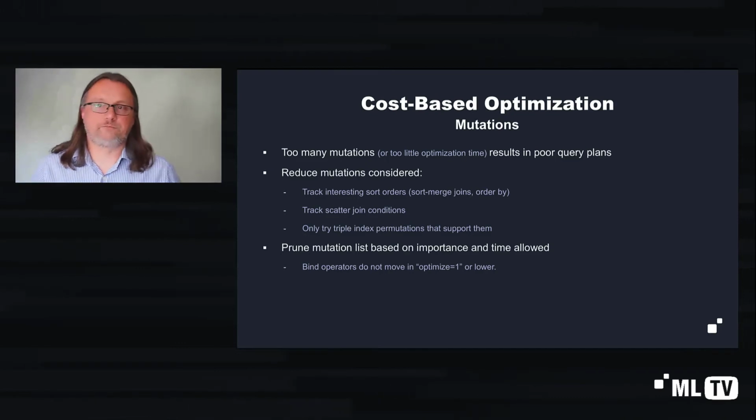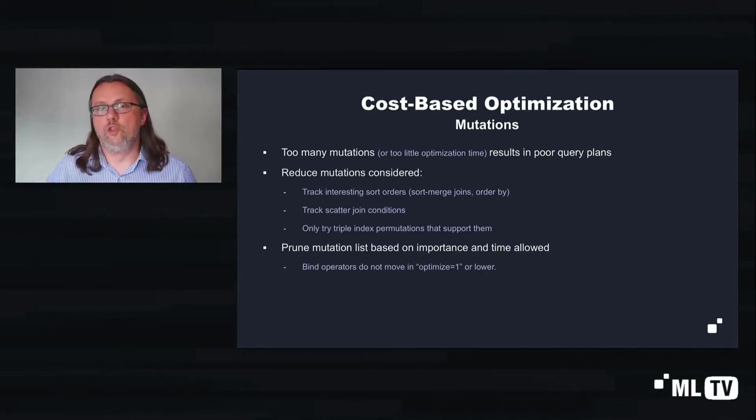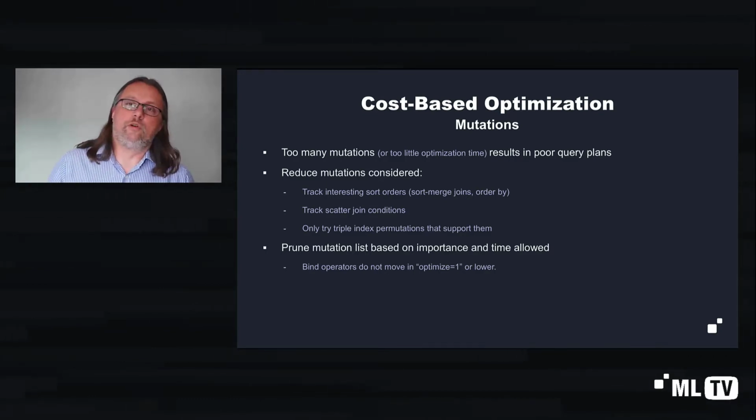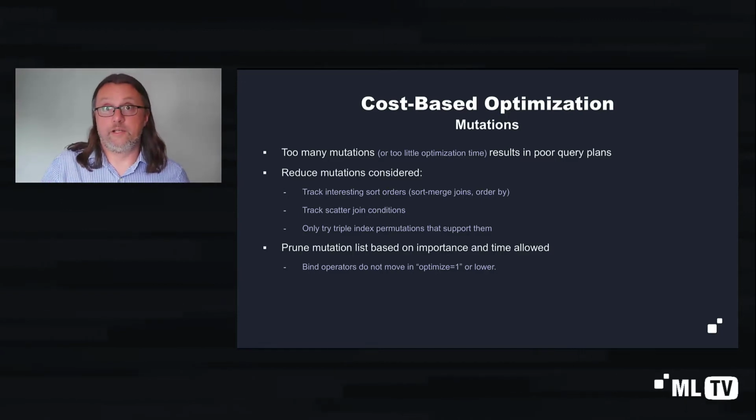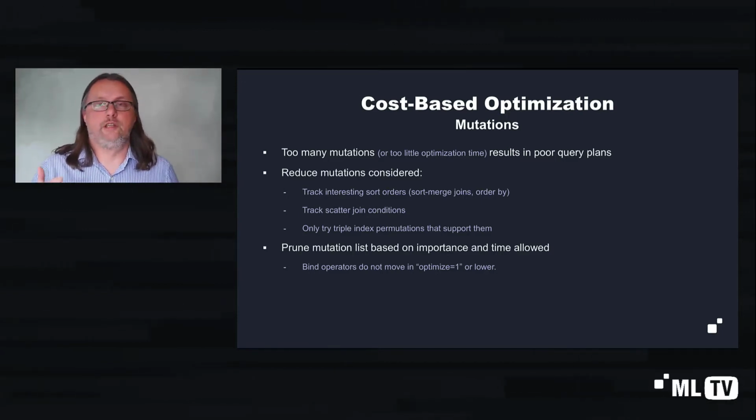So as I said, if we've got too many mutations, that might mean too little optimization time as well, and that results in poor query plans. So when we're optimizing, we also reduce the mutations that we consider, potentially.